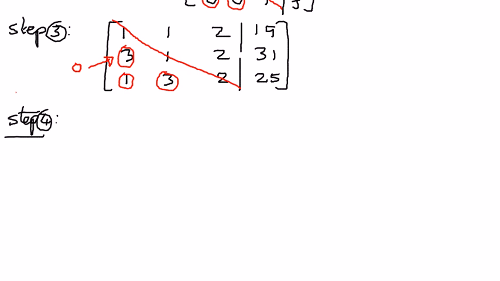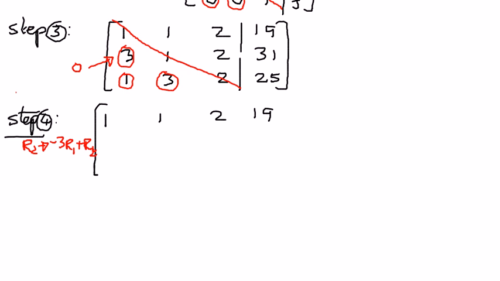So we have 1, 1, 2, 19, and then the way to achieve that is the new R2 is going to be equal to minus 3R1 plus R2, and that will do it.